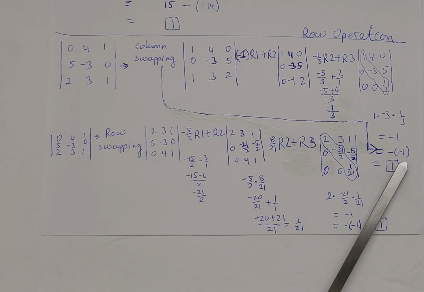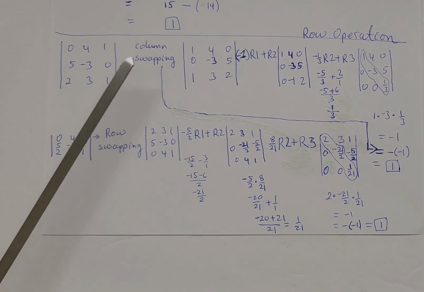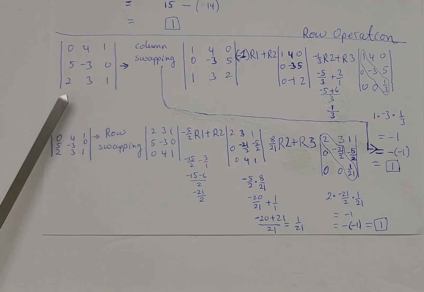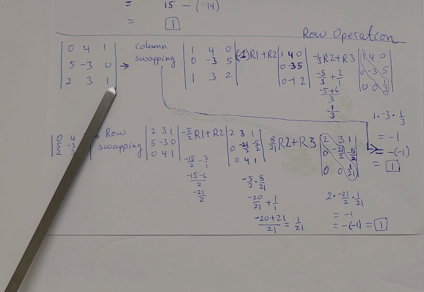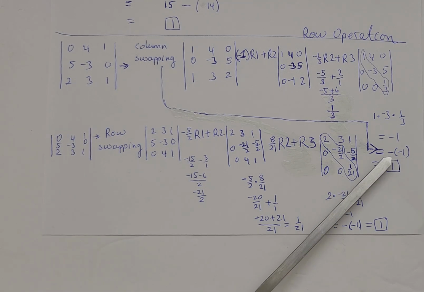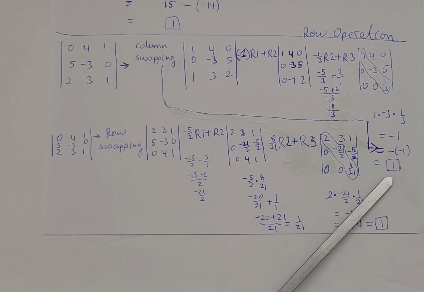Now negative times negative gives me positive. Okay, one more time. When you do row operations, and if you happen to switch the columns or rows, you must put another negative in. So now it becomes positive.